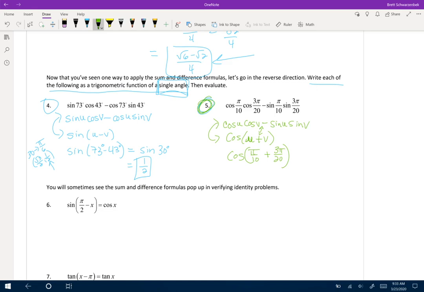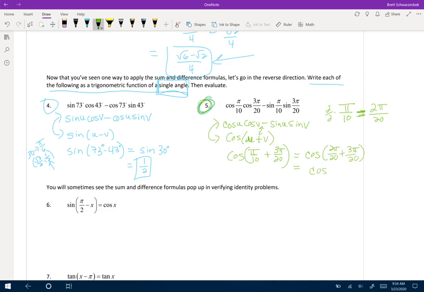Note that pi over 10 needs to be changed to something over 20. Well, how do you do that? You multiply the top and the bottom by 2. So you're going to get 2 pi over 20. So this is going to be the cosine of 2 pi over 20 plus 3 pi over 20, which is 5 pi over 20.